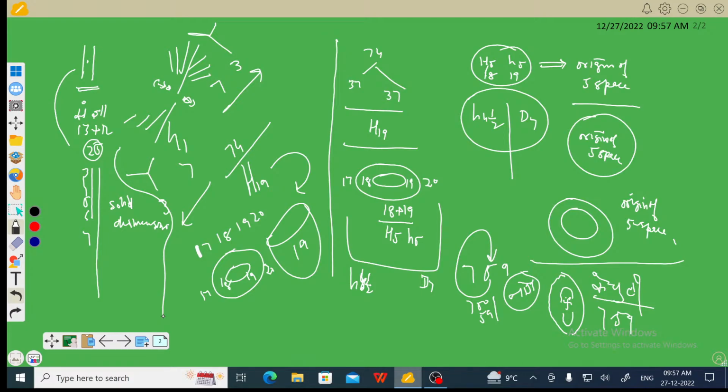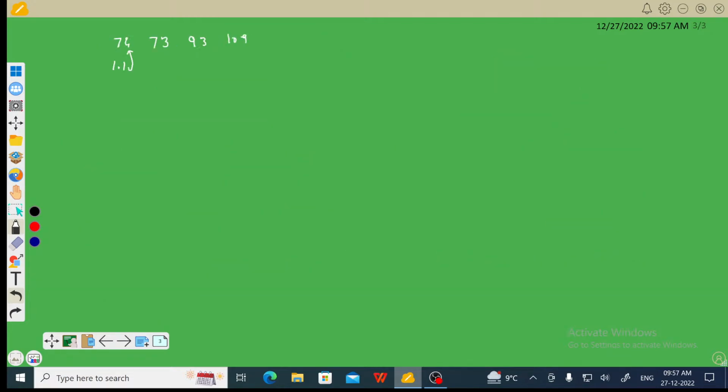So first chapter, first pada, 74 sutras, first chapter, second pada, 73, first chapter, third pada, 93, first chapter, fourth pada, 109 sutras.